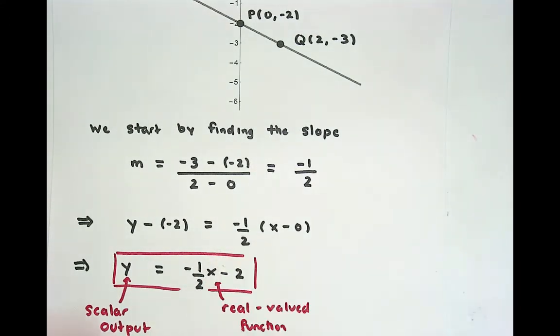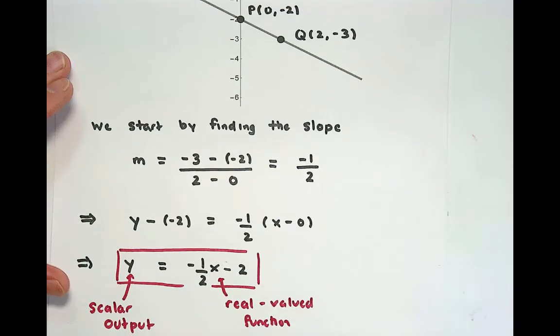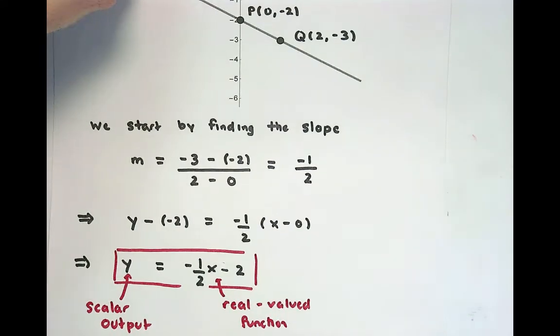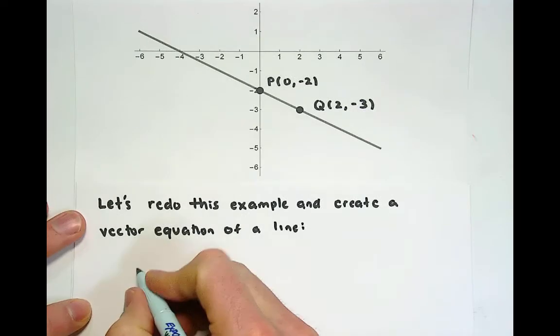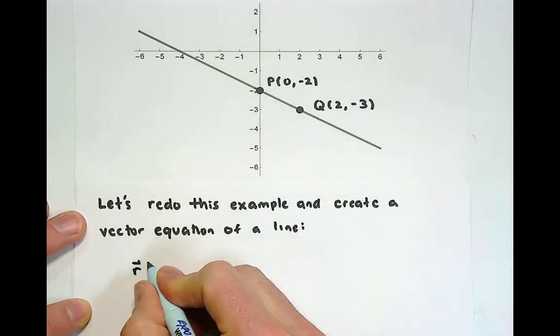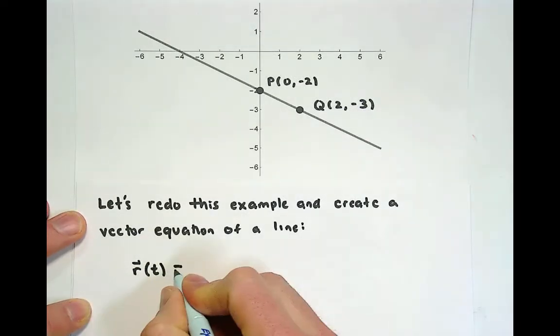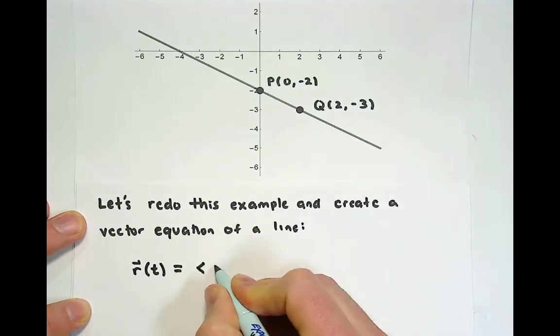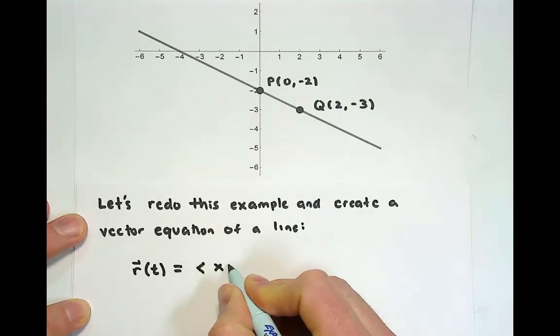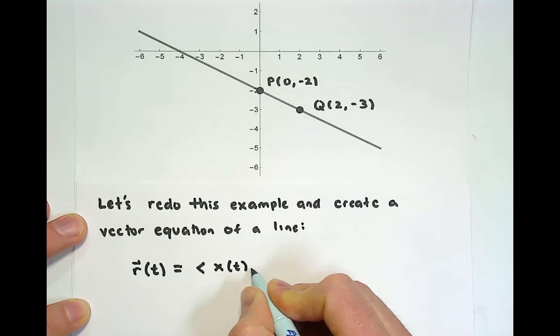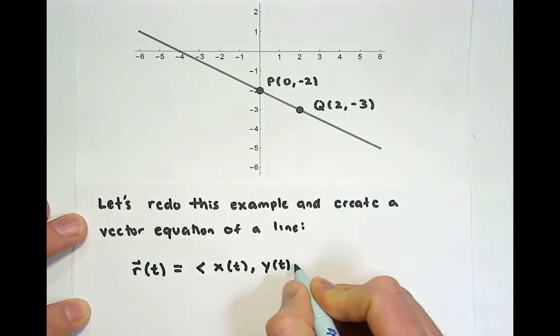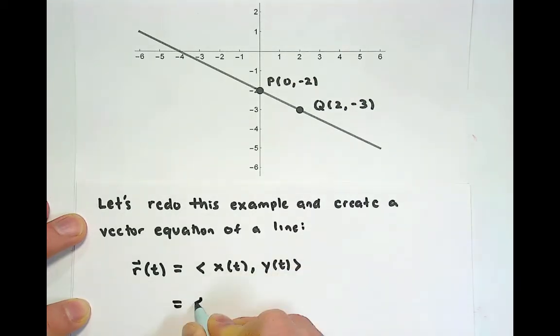Let's see how we can use this to create a vector equation of a line. Well, the whole idea of a vector equation of a line was that we have these 2 vector valued outputs, which we called x of t and y of t. And you could also call this x comma y.